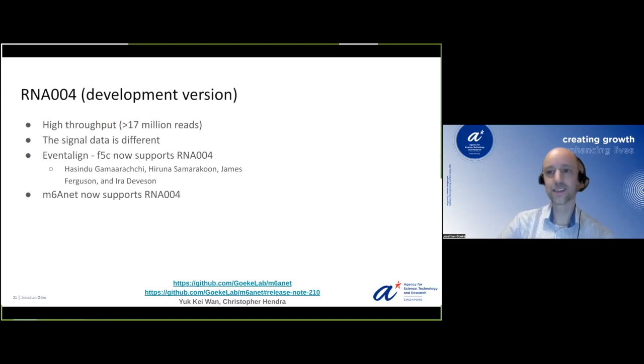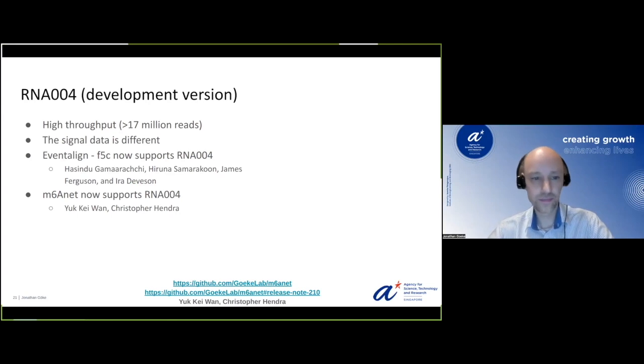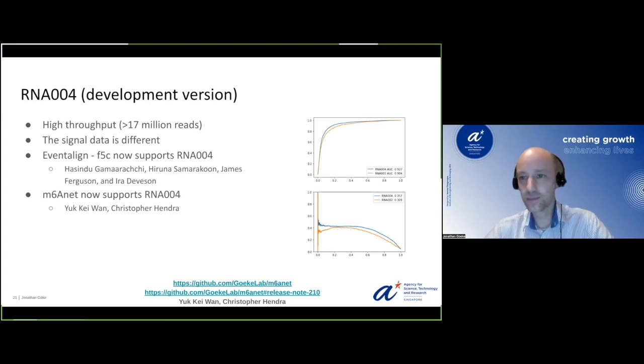And then the second is that we retrain m6Anet using data from RNA-004. And just to show how this looks, many thanks here to Christopher and Yuk as well. This is how the comparison looks between the model of 002 and 004. This is on the intersection of sites that are detected by both, but what you can see is that the performance is, I would say, comparable.